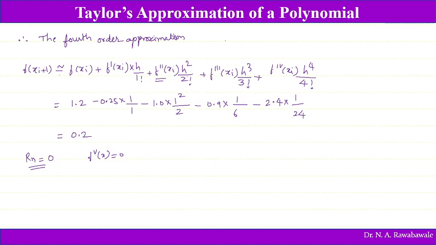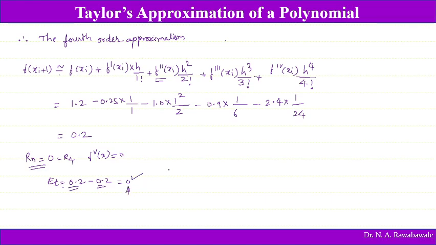Now true error: true value is 0.2 and approximate value which we have obtained is 0.2, so error is 0. So if we take fourth order Taylor's approximation polynomial, then we get the approximate value as that of true value and error becomes 0. So the higher is the approximation, the lower is the error. In this way error can be reduced.